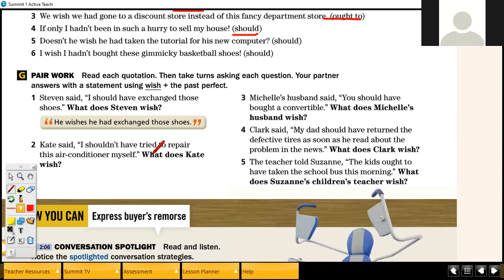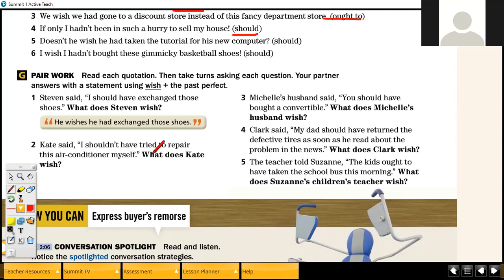He wishes she had bought a convertible. Yeah, that is correct. Very good. Excellent.